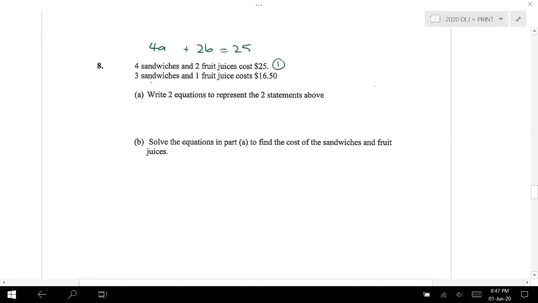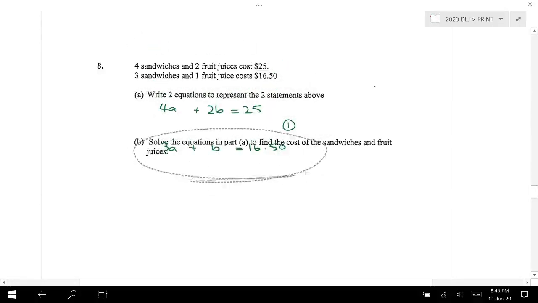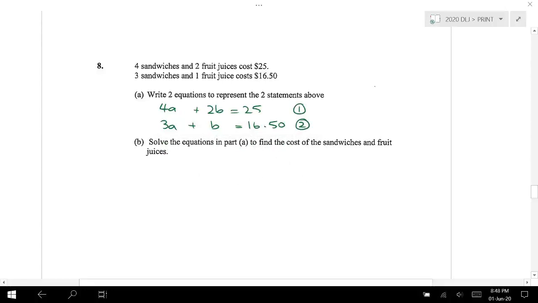And then 3A plus 1B, or just B, equals 1650. Oh, I suppose I was supposed to write them in underneath. Let's just do that. I'll just drag them under. Okay, so we have our equation 1 and equation 2.